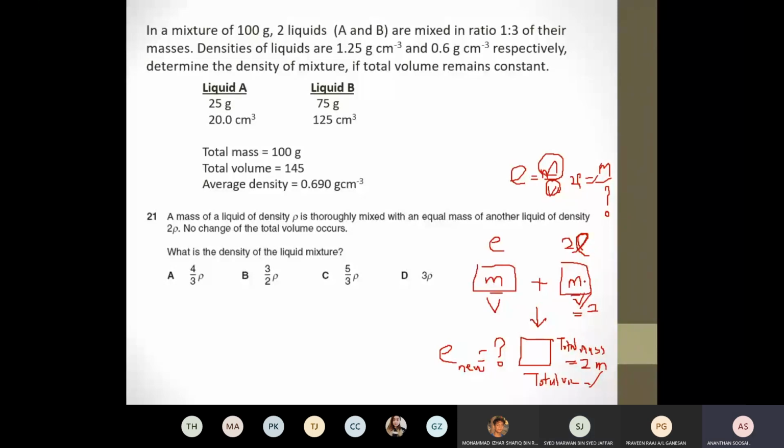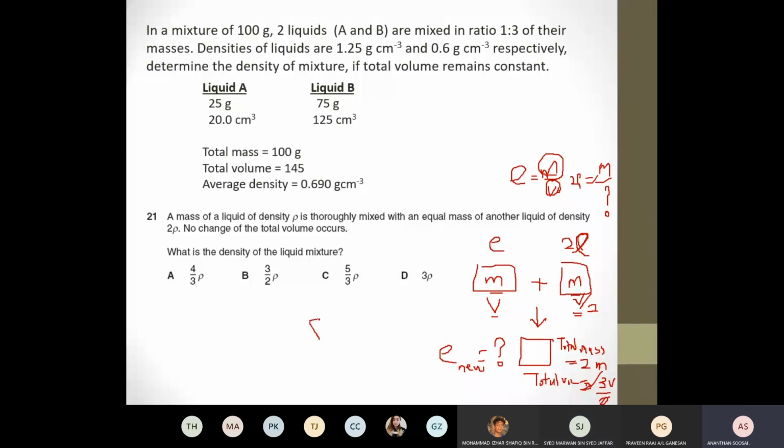M over half V will be 2 rho. Okay. So the volume here is V. The volume here is V over 2. Both add up. Total volume how much? V plus V over 2 is 3V over 2. Right? 3V over 2.